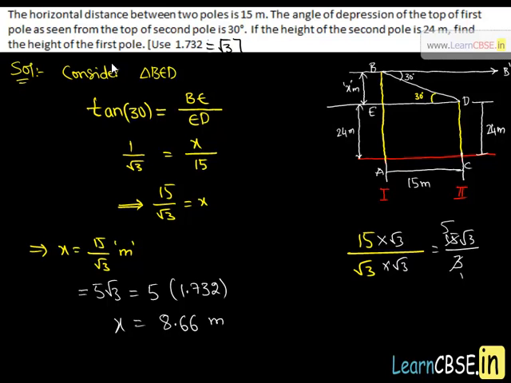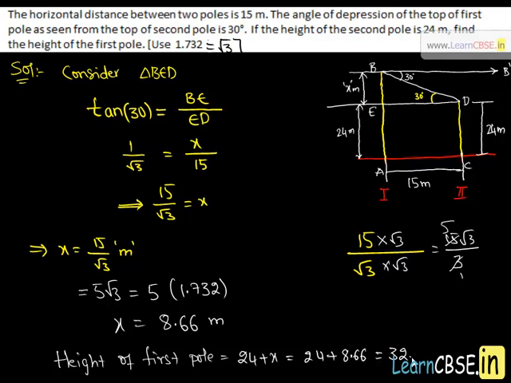Therefore, the height of first pole is 24 meters plus x meters. We have x is 8.66, so we substitute its value and we get total height of first pole is 32.66 meters. This completes our solution.